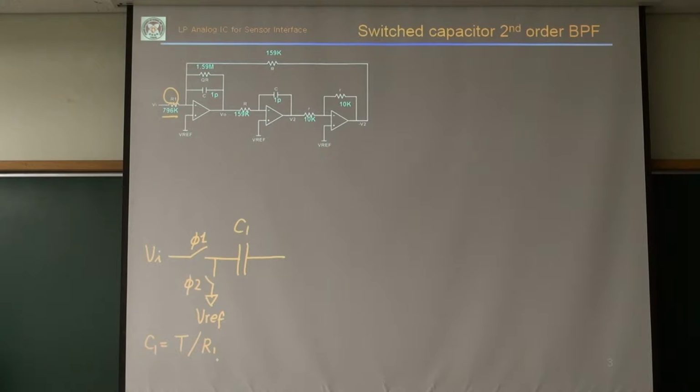T is the period of this clock period. Okay, then yeah, for this one, I need to float it. This is C, one phase capacitor. I just connect it during phi 1 phase only. Yeah, during phi 2 phase, I will float this feedback capacitor.